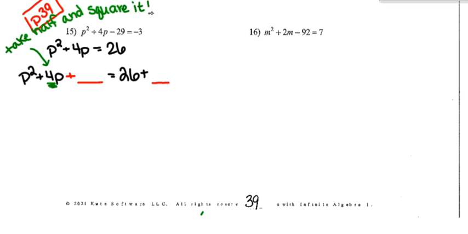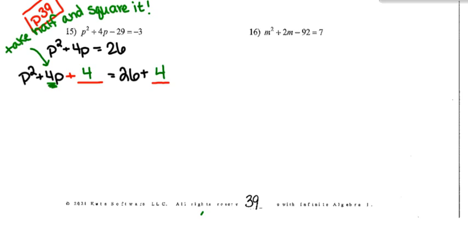And I'm going to write that down because that's a step that kids sometimes forget. So half of 4 is 2. 2 squared is... I lied. 2 squared is 4. And that's the number that I'm going to go ahead and add to both sides.